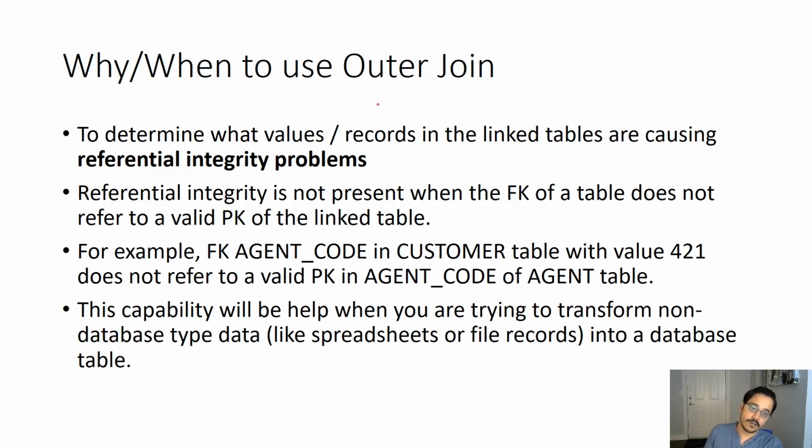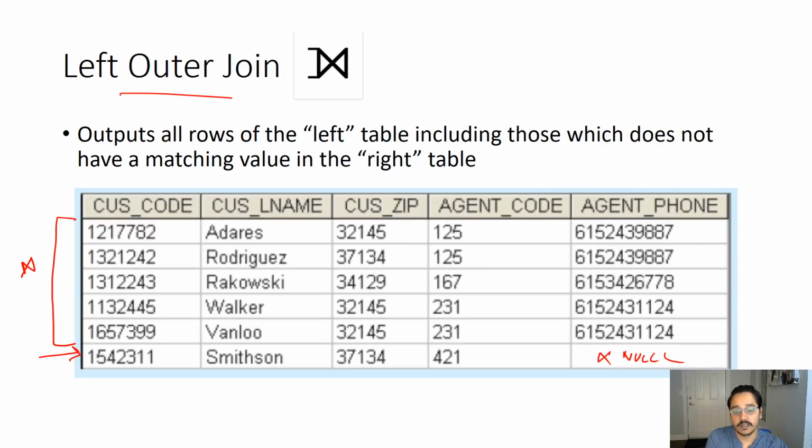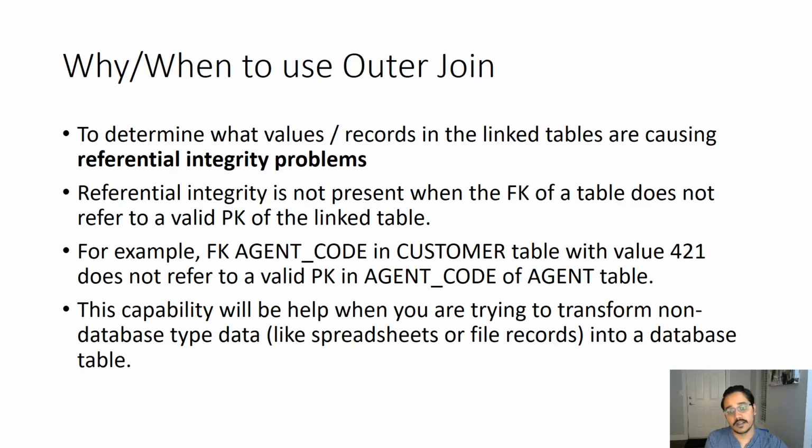If you look at the importance of outer join itself, left or right, the first importance is if you're trying to migrate, let's say, a file system to a database environment, and you want to know if the referential integrity is preserved, then that is when you can apply any form of outer join, left or right, in order to figure that out, right?